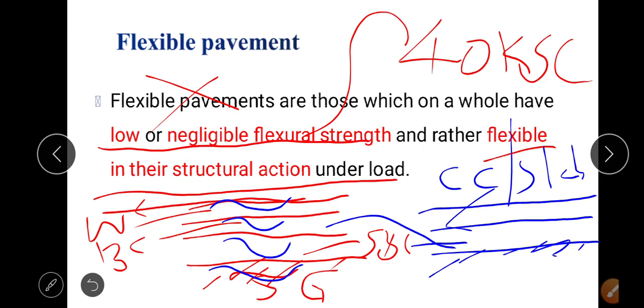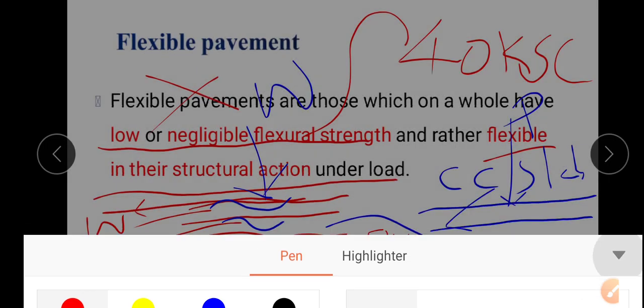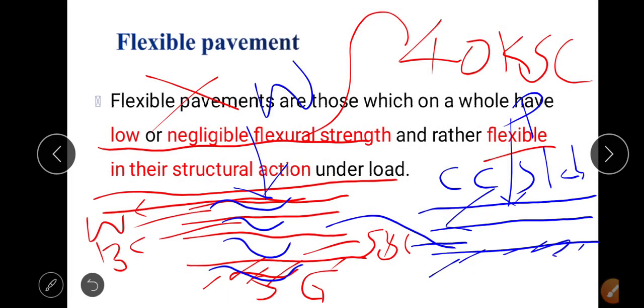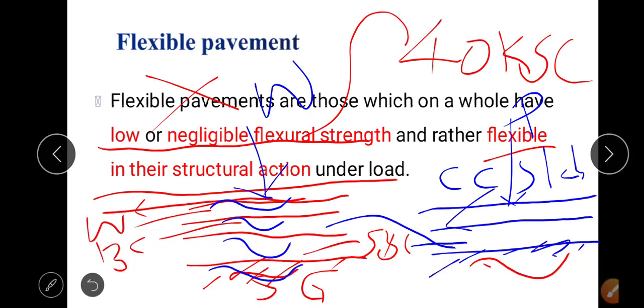Because of this, whenever there is application of load, say W or P, I will change the color of the pen, let me use red color now. If any depression takes place here, as in the case of flexible pavement, whereas in the rigid pavement, these depressions which occurred at the subgrade level will not be reflected onto the surface.